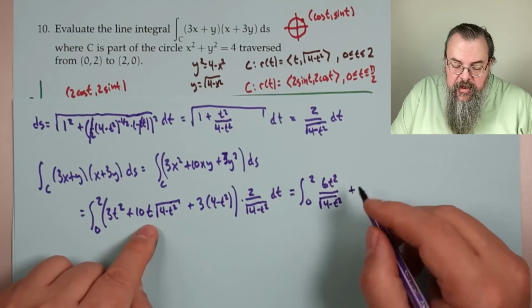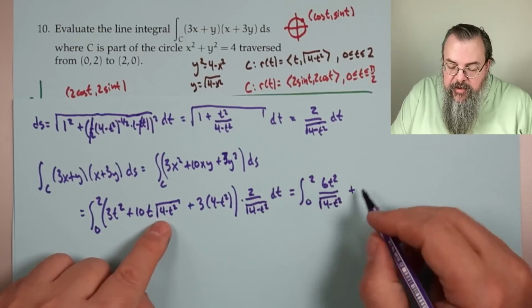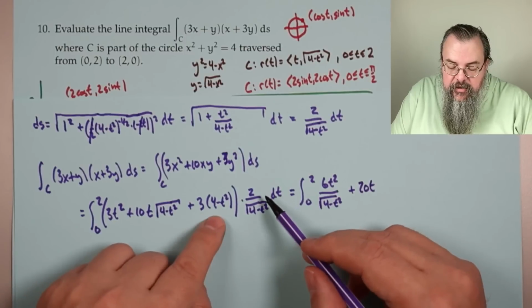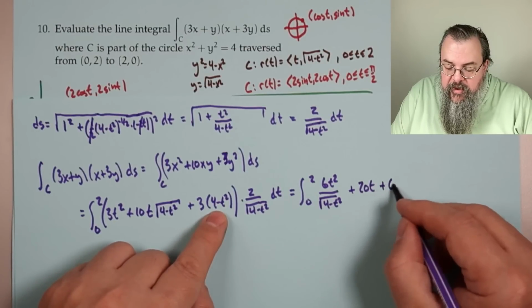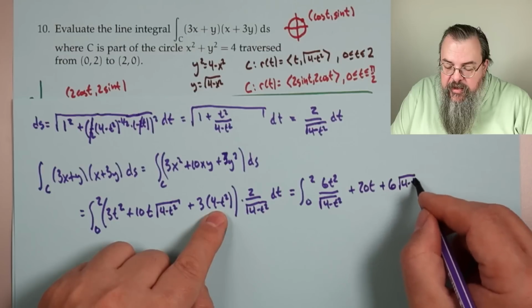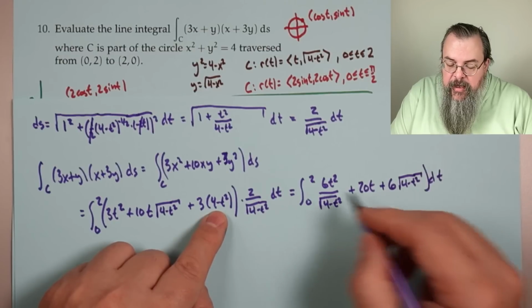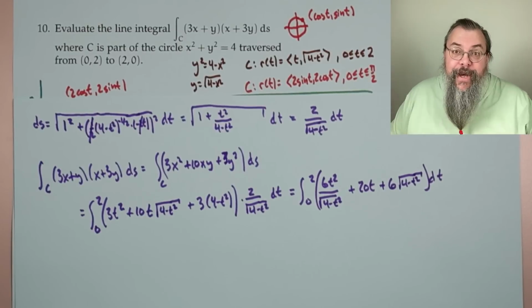Plus, the middle term, we'll have 20t, and then those terms cancel. All right, so that's fine. And then our last term, well, the square root of 4 minus t squared cancel, so it's plus 6 square root 4 minus t squared dt. Now, two of these three are going to be quick.